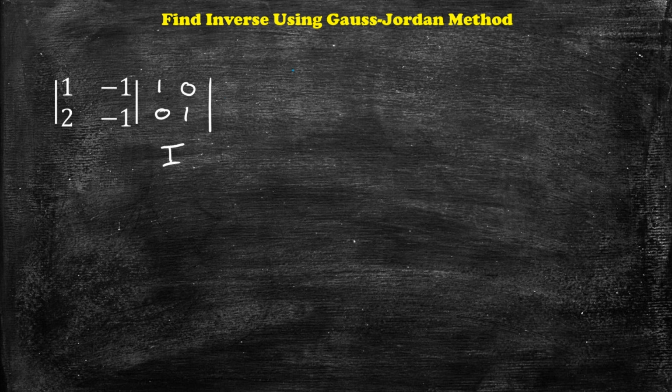And what you want to do is transform the left-hand side to become the identity matrix by using the row operations that we've learned in the past. Whatever you get on the right-hand side after you make the left-hand side the identity matrix is going to be your inverse.